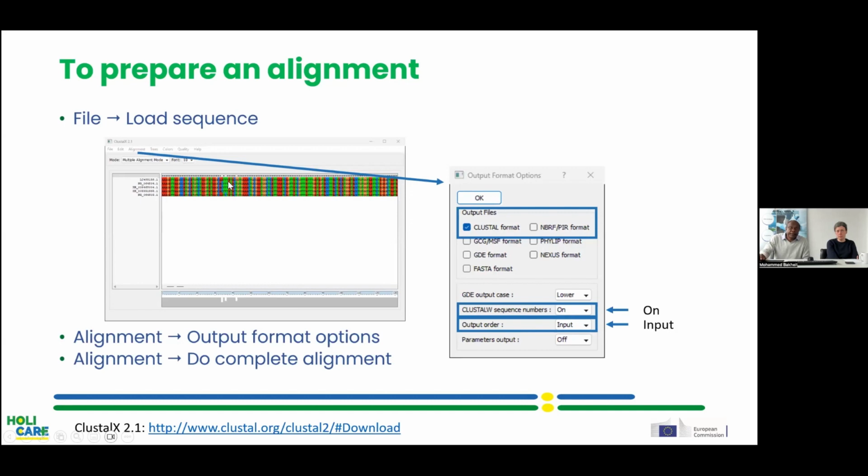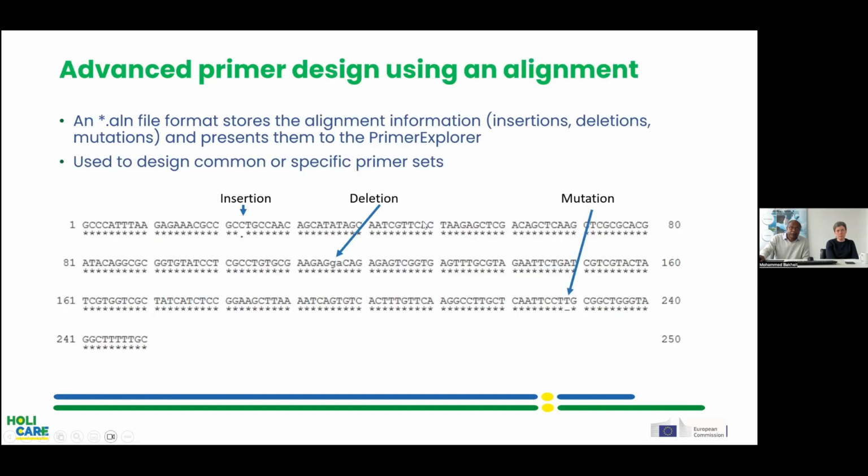In case you are going to design a specific primer set for a specific species from an alignment which contains relatives of that species, and you want to drive your primers to pick only primers which amplify that species but not the others, you have to ensure that that sequence is at the top, because it will then be used as a skeleton for the alignment, and the information on the other member sequences in the alignment will then be inserted into that sequence, like what I've shown here previously.